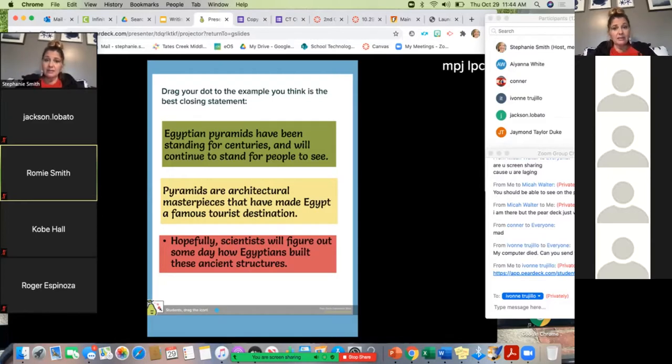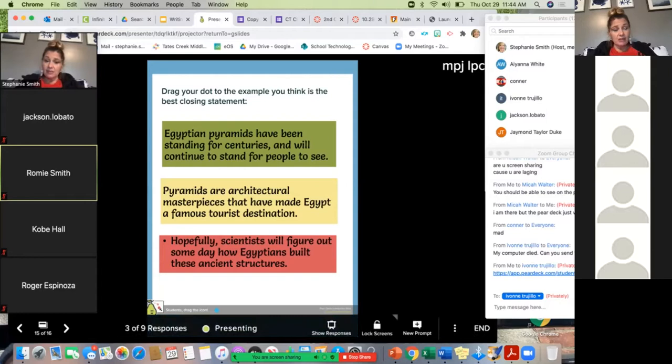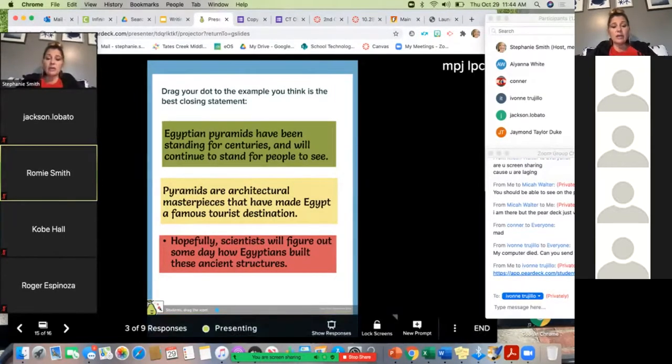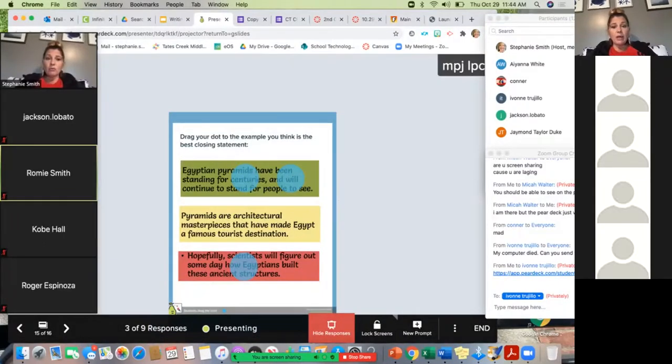That ties back to the claim. It also adds in that piece about the architecture that was part of the details. Hopefully, scientists will figure out someday how Egyptians built these ancient structures. So drag your icon to the one that you like the best as a way to wrap that paragraph up.